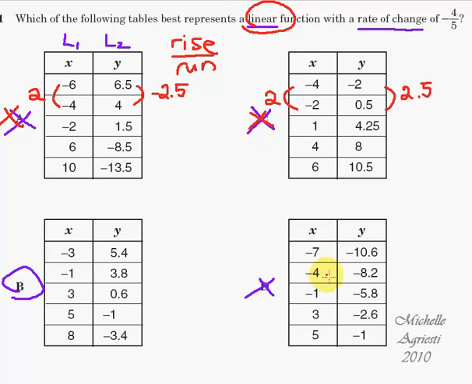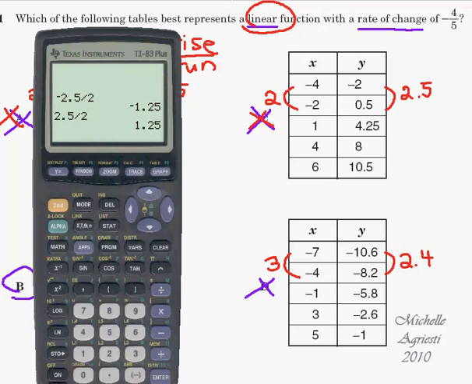Okay, this one, to go from -7 to -4, that would be my run. It's a +3. To go from -10.6 to -8.2 is a +2.4. And let's use my calculator.